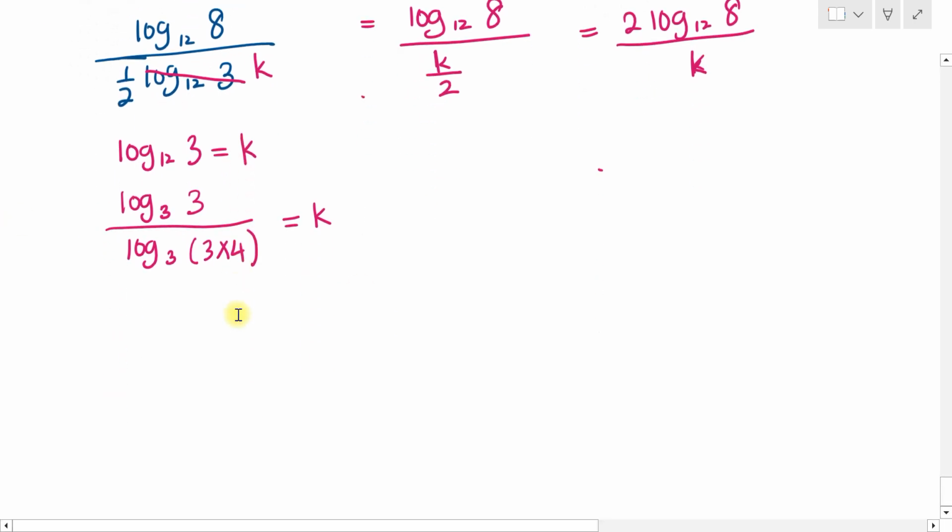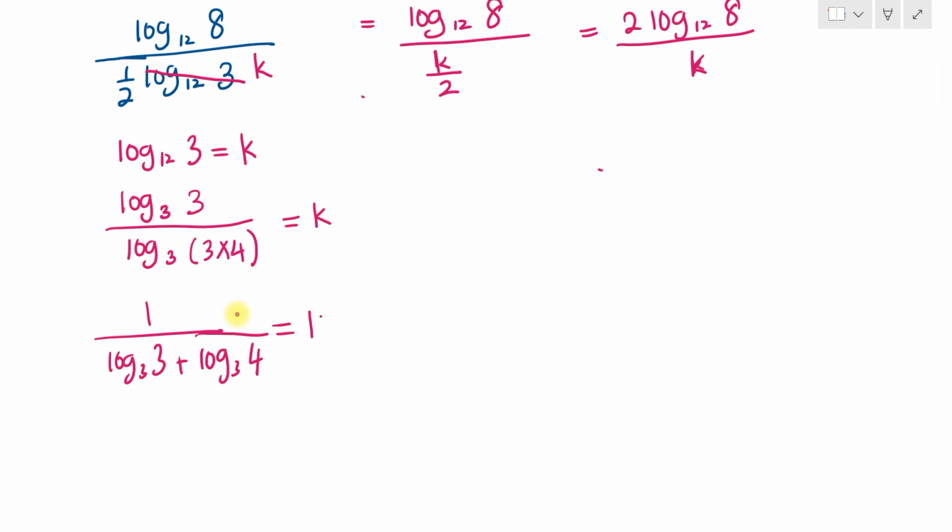Okay, what we get here? 1 over log 3 3 plus log 3 4 equals to k, and then 1 over log 3 3 is 1 plus log 3 4. 4 is 2 square, so 2 log 3 2 equals to k.